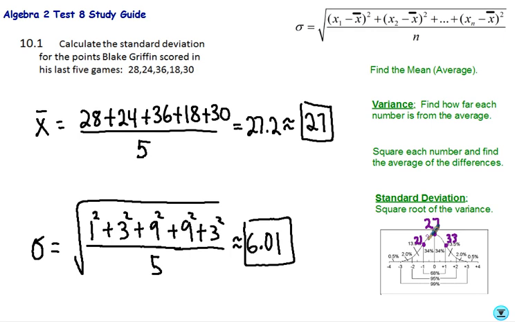So most of the time he scored between 21 and 33 points. Not all the time, because there was one night he scored above, 36, and one night he scored below, 18. So this one standard deviation will tell you where most everything is. Not everything, but most everything.